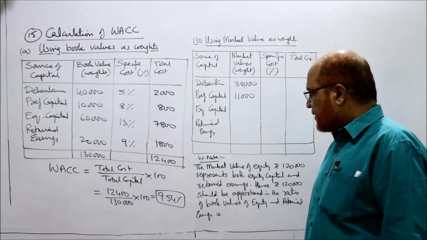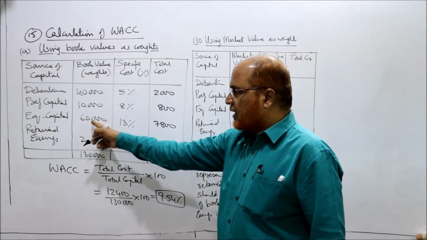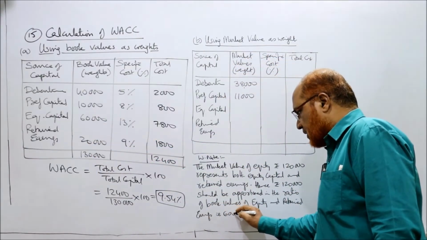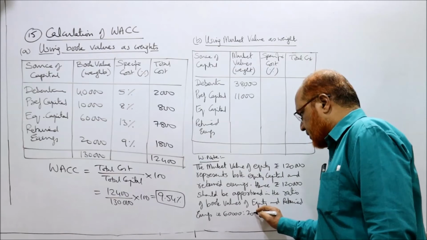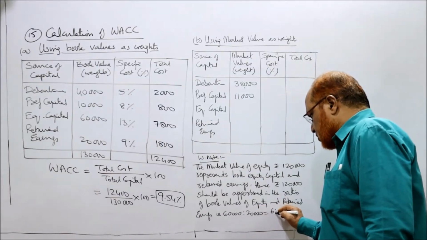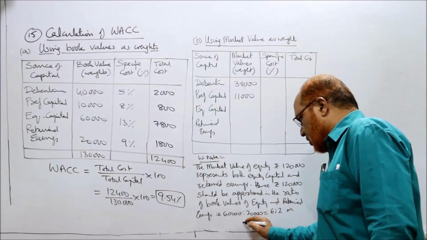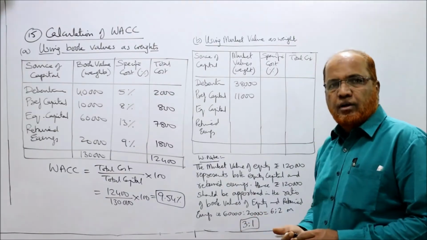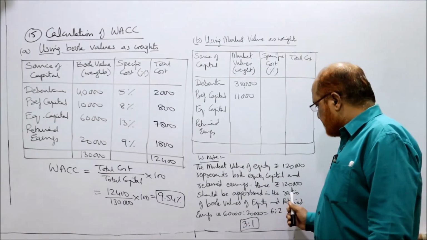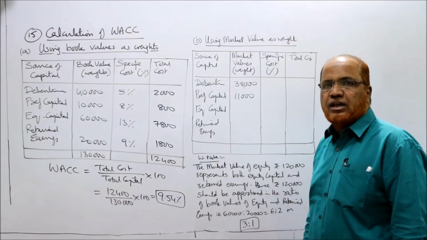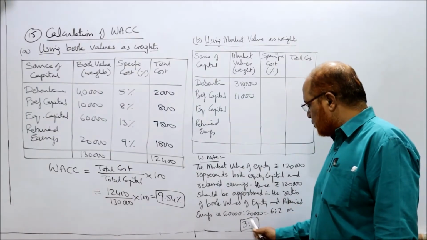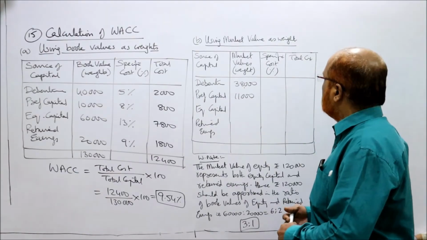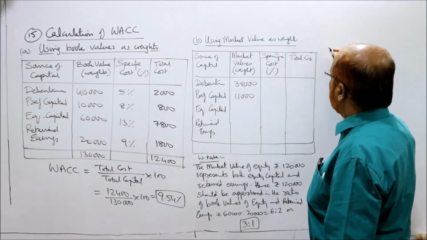That is, what is the book value of equity capital? 60,000 and 20,000. That is 60,000 is to 20,000, equal to 6 is to 2 or 3 is to 1. Now what we'll do? We'll divide this 1,20,000 in the ratio of 3 is to 1. 3 by 4, 1 by 4. Now we can write like this.